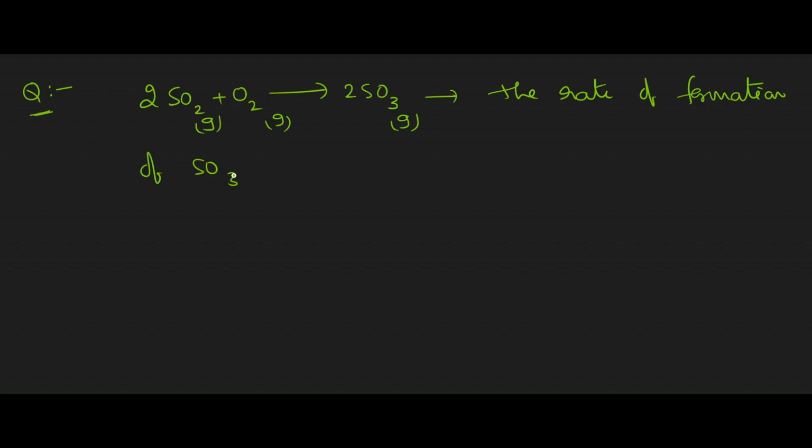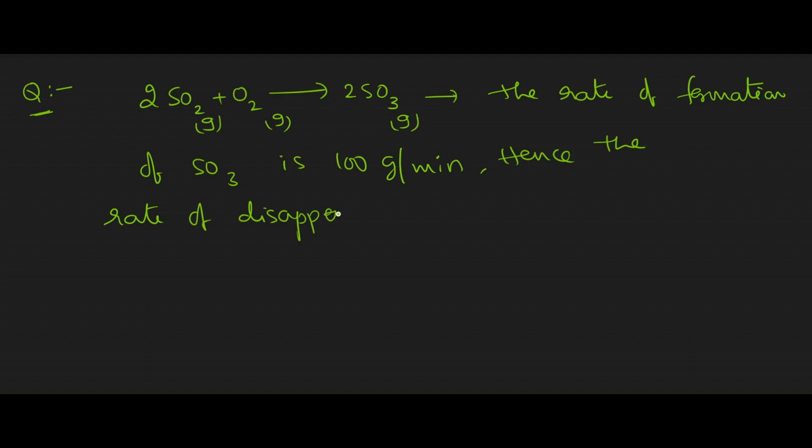For this reaction, the rate of formation of sulfur trioxide is 100 grams per minute. Hence, the rate of disappearance of oxygen is, right?